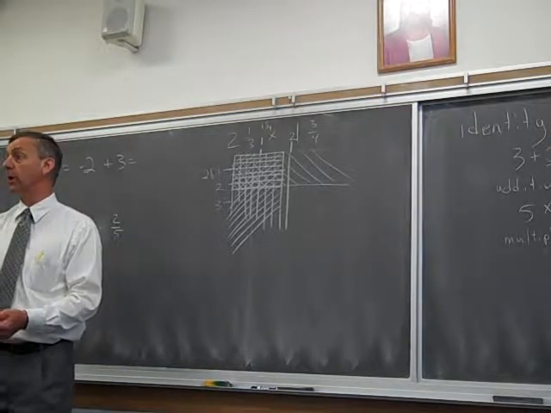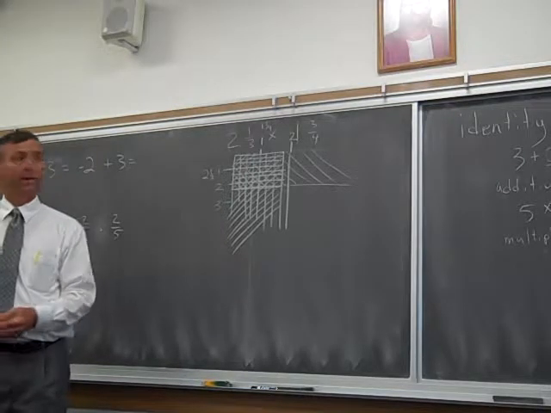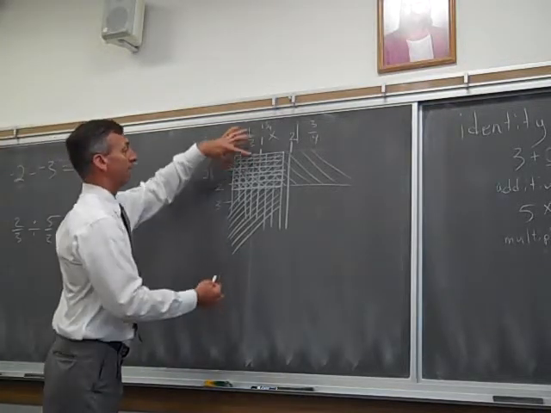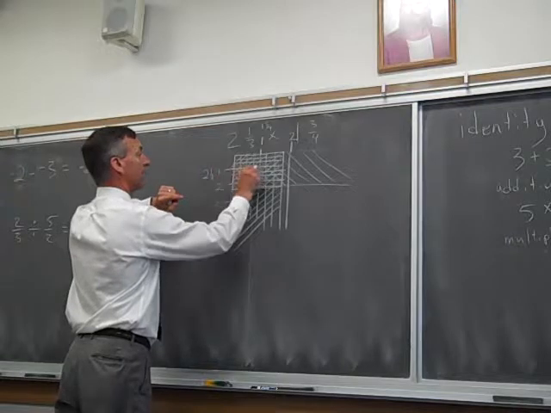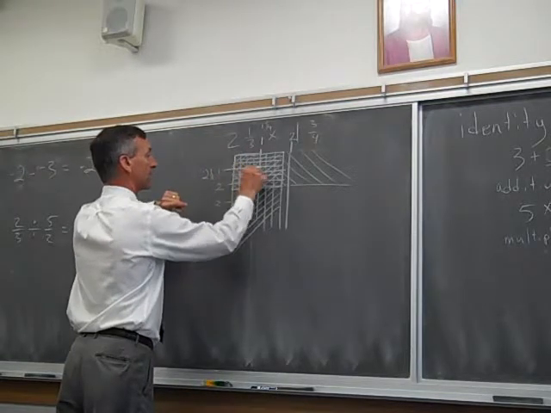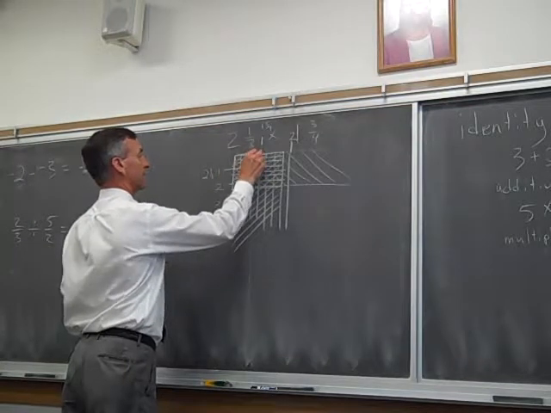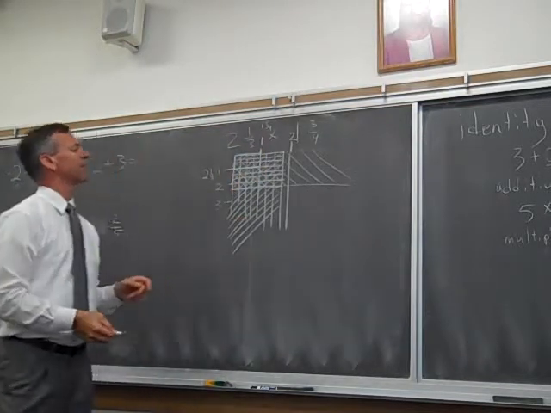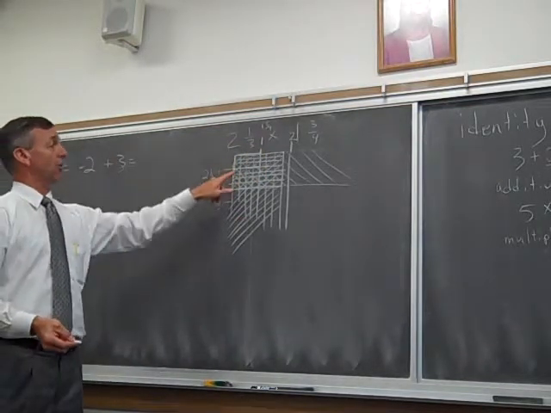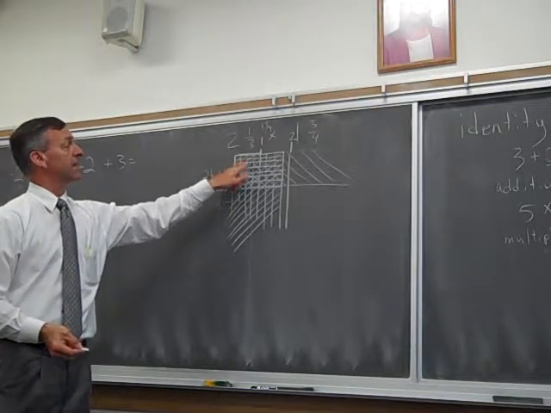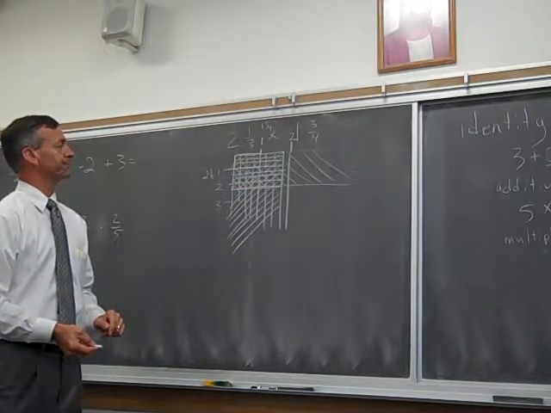A whole is 1 by 1. This is a whole. Man, cheap chalk nowadays. Snaps in your hand. That's a whole. Well, I've got at least one whole because it's double shaded there, right?